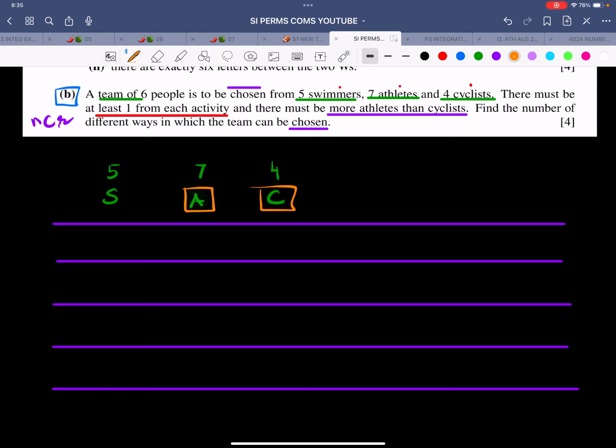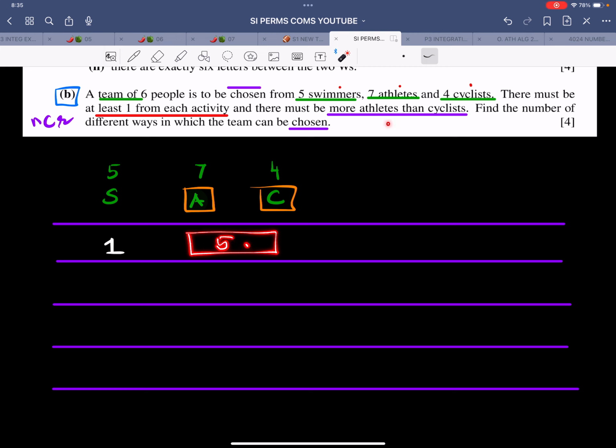There should be more athletes than cyclists, and one from each activity. Now, first of all, let me just focus on this thing. Let me choose one swimmer. I need a total of 6. That means I have to choose a total of 5 from here, correct?